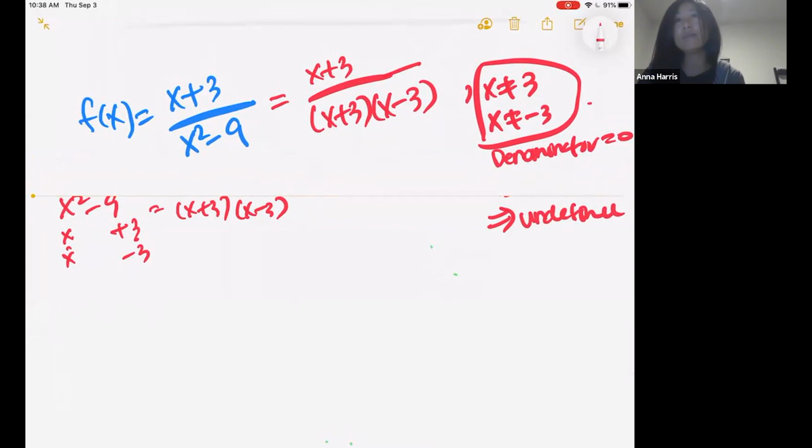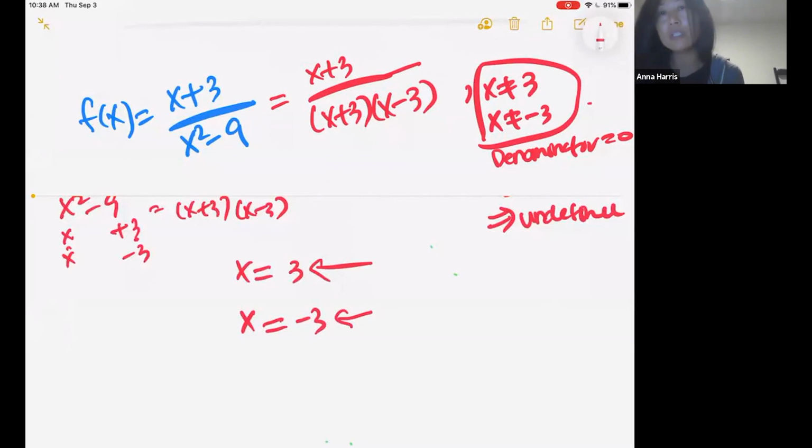Can somebody tell me which one is going to be which x? X equal to 3 and x equal to negative 3. Which one is the asymptote and which one is the removable discontinuity, and why? One of these x values would be an asymptote, and the other one would be a removable point, a discontinuity point.